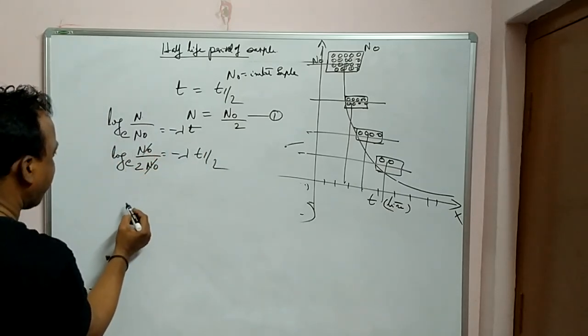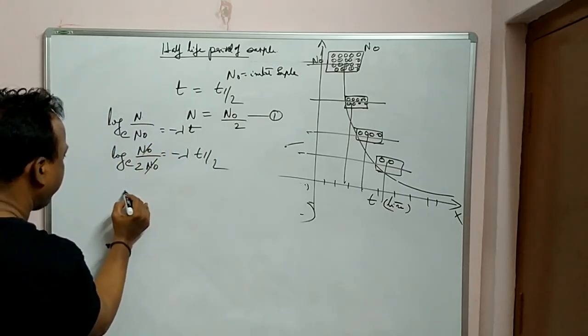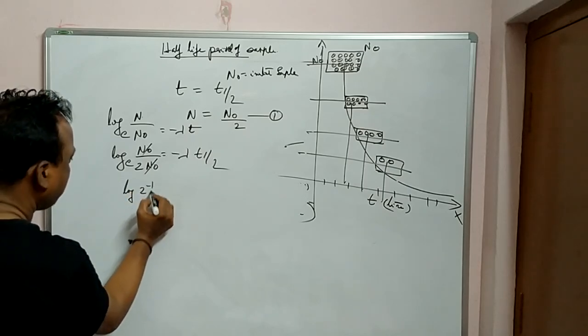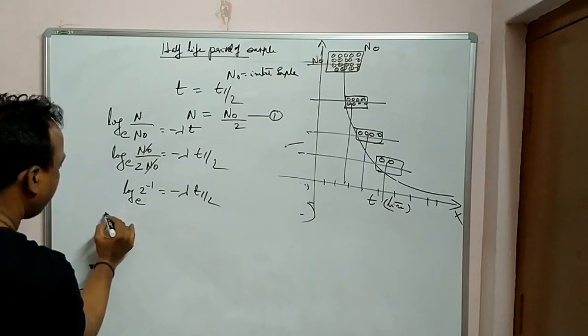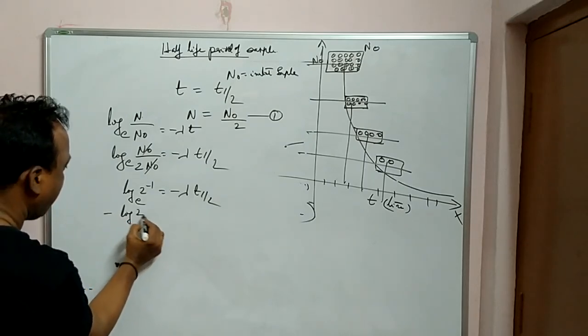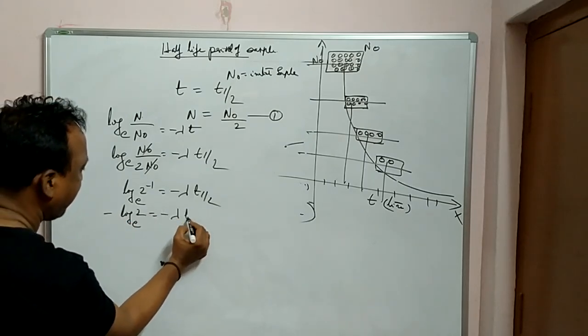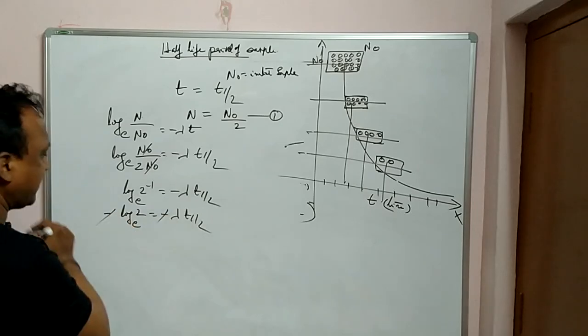So N0 cancels, this goes to the top, 2 power minus 1. Log 2 power minus 1 base e is minus lambda T half, or minus 1 log 2 with base e is minus lambda T half. Minus minus gets cancelled.